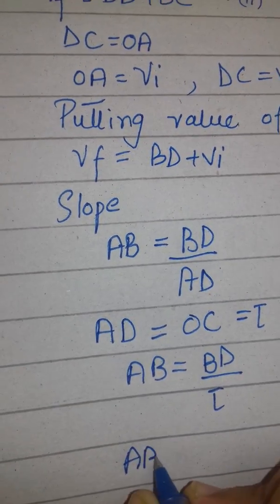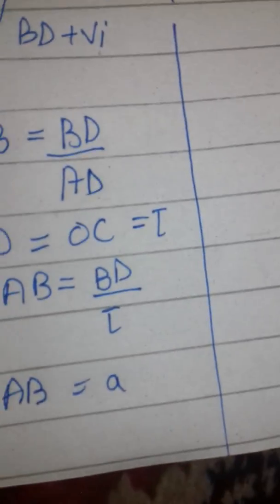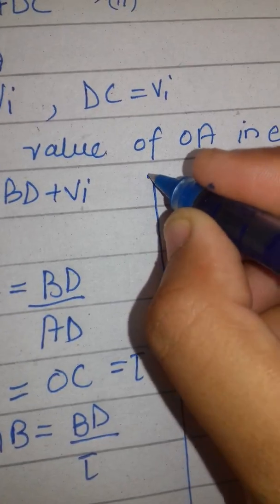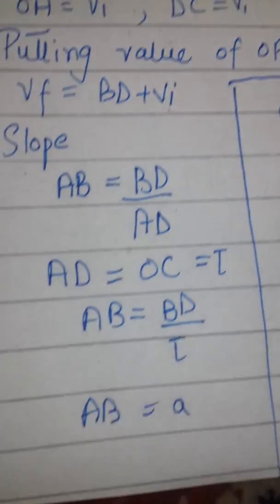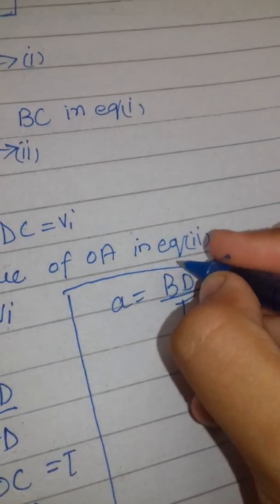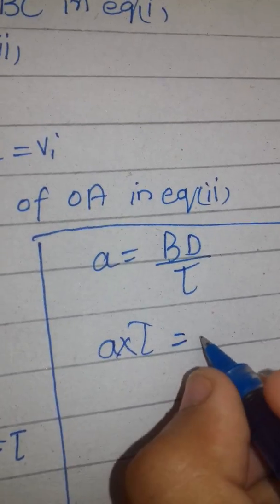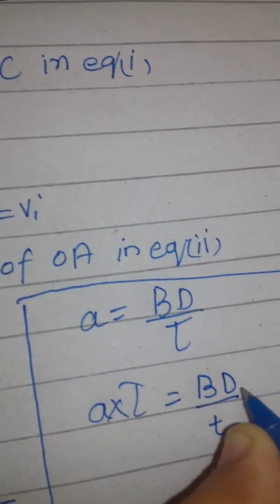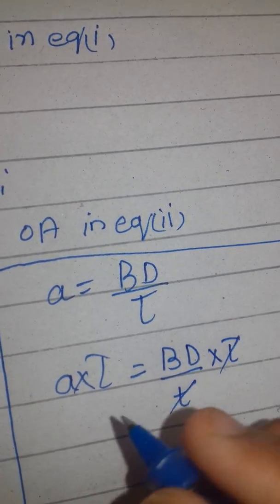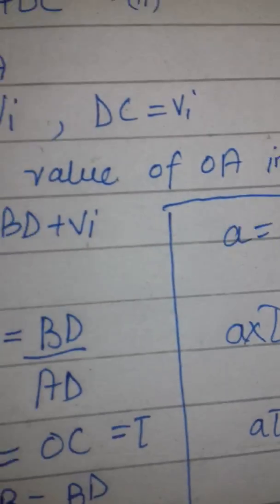Now AB is equal to a, the acceleration. You can see that from A to B it is moving with some kind of acceleration, so AB is equal to a. So a equals BD divided by T. Now we have to find BD, so I'm going to multiply T on the other side. a multiplied by T equals BD.